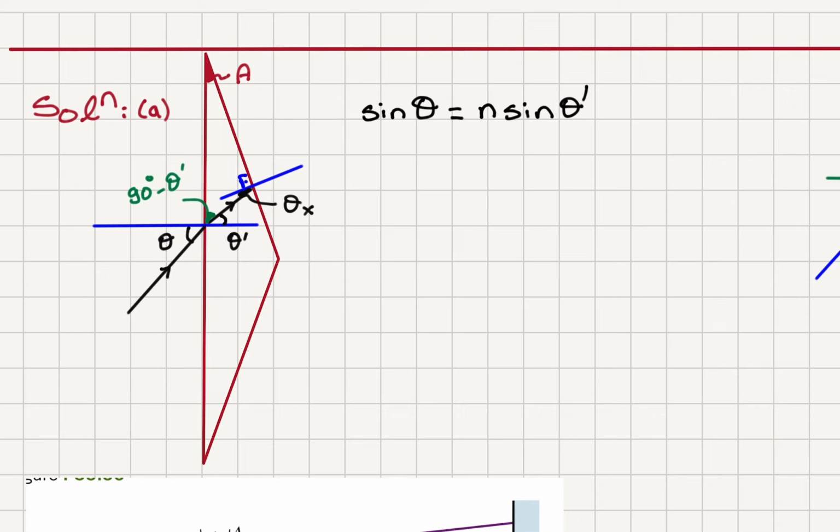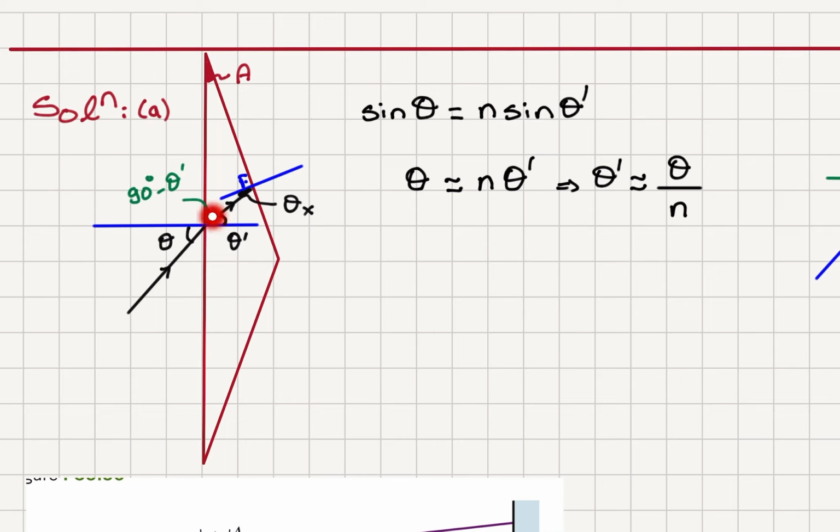Because the angles are small, we can replace sine theta approximately with theta, and sine theta prime with theta prime. So we find that theta prime is approximately equal to theta divided by the index of refraction n.